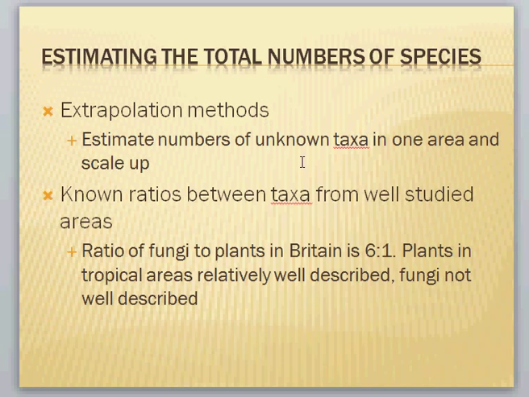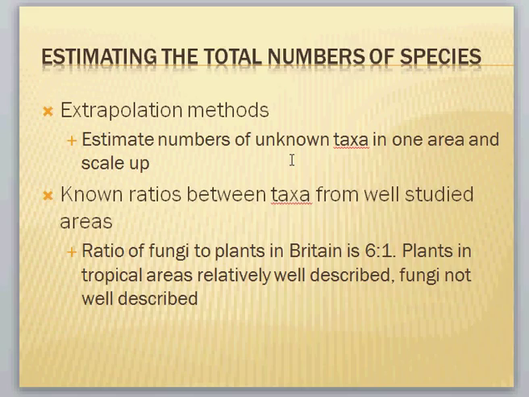So we go to a hectare of rainforest, estimate that there are 1,000 species of beetle in that hectare, and we estimate that there may be 10% or 50% of those species which are only found in that hectare. So we can multiply up to estimate how many species of beetle there are in the entire rainforest.